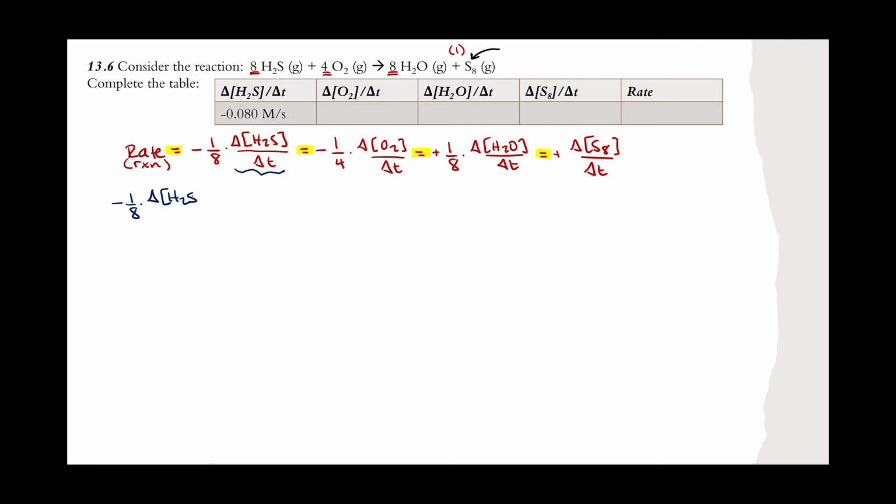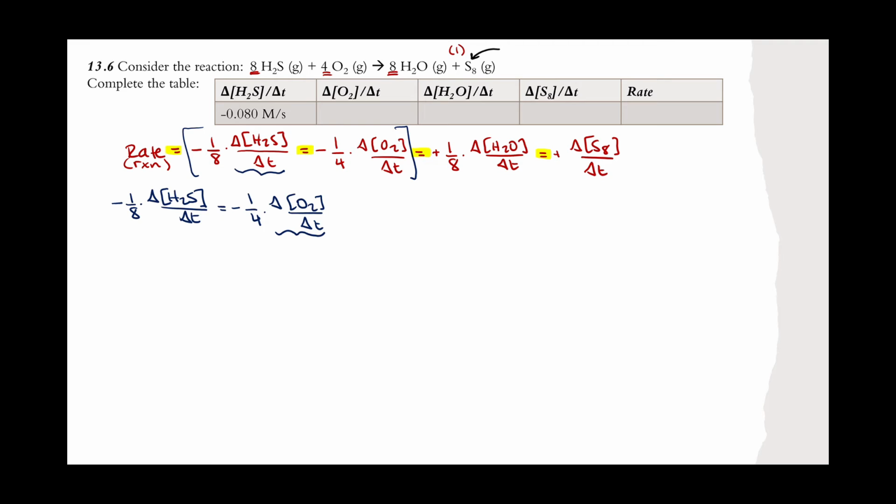Go ahead and write this. I'm going to look at the oxygen first, so I'm just going to write what is in this section. We're solving for this chunk right here.